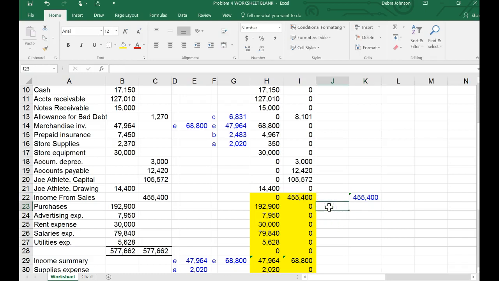And when I get to the next line item, which is purchases, I'm going to press equal and grab the line item in H23, and press enter. That way, if anyone makes a change, everything should be captured on the worksheet. So that's how you're going to do the income statement and balance sheet.